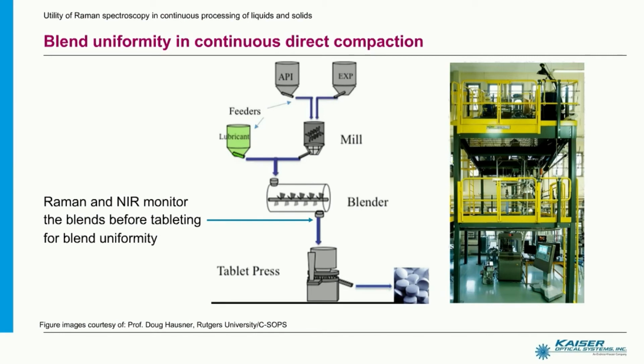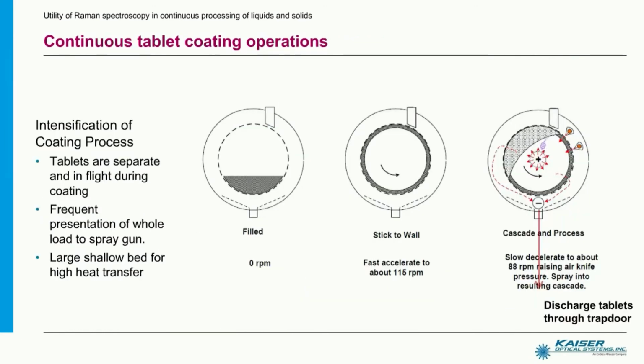Another example is continuous tablet coating operations. The coating process during a continuous process is intensified because you have high heat transfer and frequent presentation of the coating mixture, and again, inline measurements are necessary so that you're not stopping production.